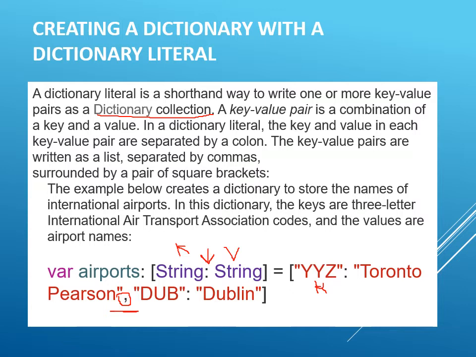This YYZ is the key for Toronto, right? And this DUB will be the key for Dublin. So if you want to access Toronto, you will simply enter this key and you will get the value stored on this key. Similarly, if you want to get the value on DUB, you will write this and you will get the value very easily.